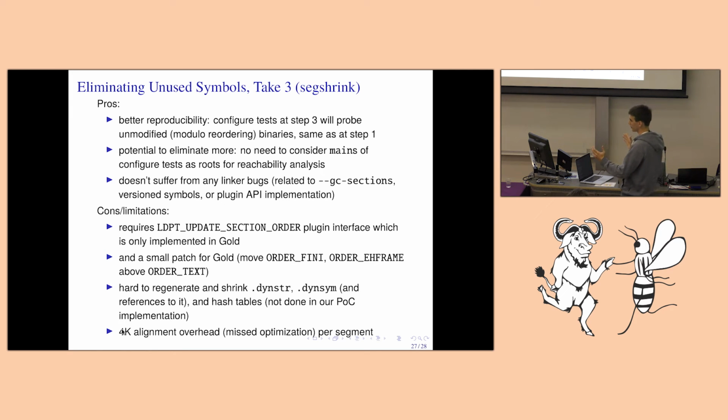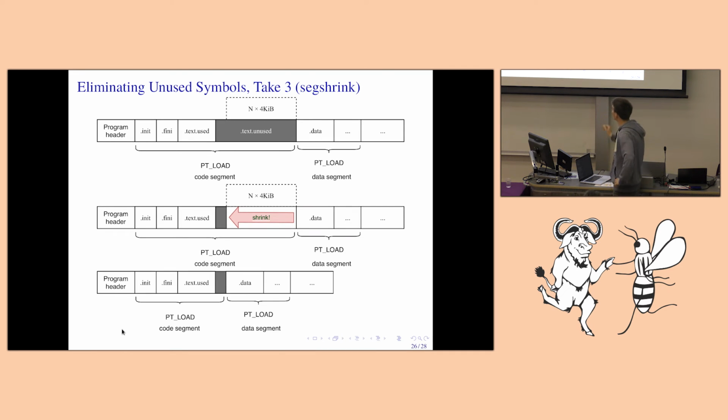The symbol names tend to be quite long, and they take up space. So we'd rather eliminate that, but it's not that easy because usually they go into the same code segment, and we cannot do this trick with chopping off the tail the second time. We have to choose what goes at the tail, right?